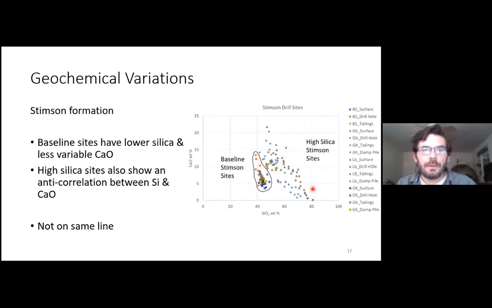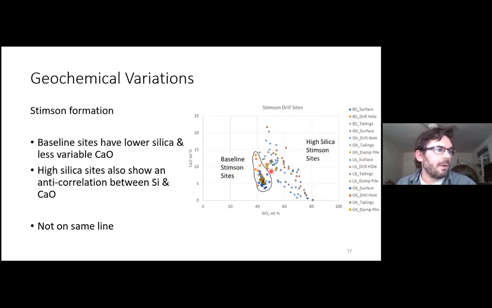So on to the Stimson, and this is really going to be the meat and potatoes of this presentation. First off, encircled here are the baseline sites: Big Sky, Greenhorn, Lubango, which is LB, and Okoruso for OK, with Greenhorn and Lubango being the high silica sites.